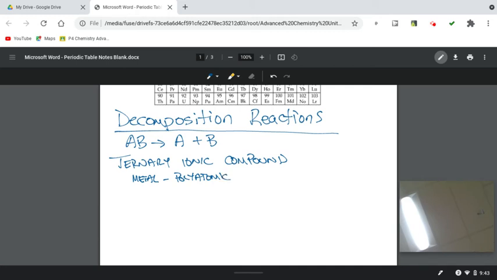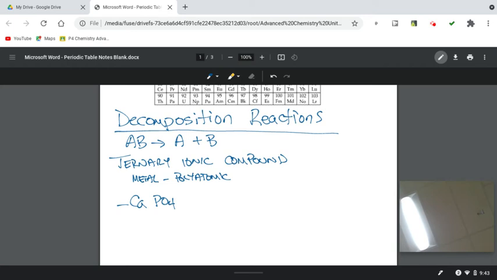So an example of a ternary ionic compound is something like calcium phosphate. So in that case, calcium, Ca, is our metal, and phosphate, PO4, is our polyatomic ion.